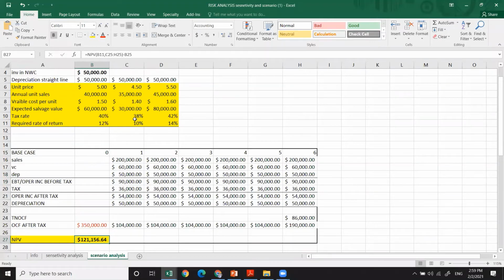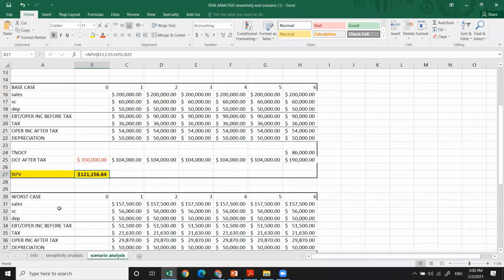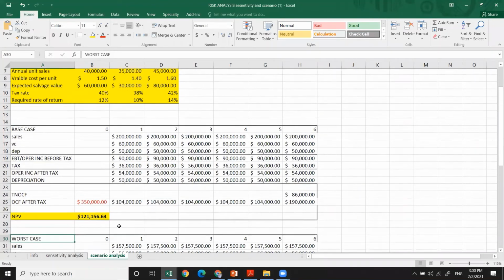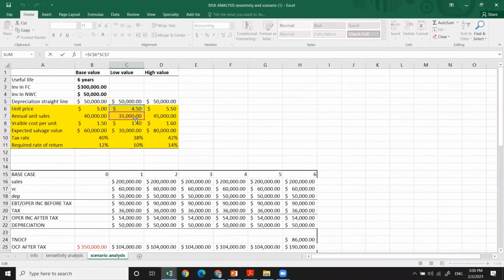However, what if we find ourselves in a worse scenario, that everything goes bad? We underestimate the profit, we overestimate the cost. So what we do here, basically, in the worst case, our sales should be underestimated, which means we will sell fewer units at the lowest price.